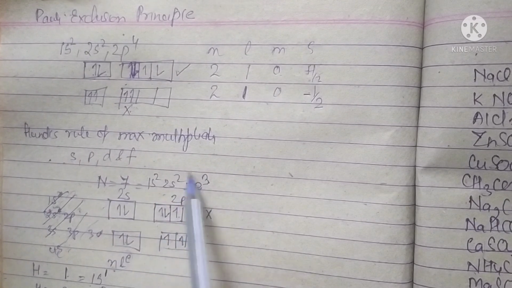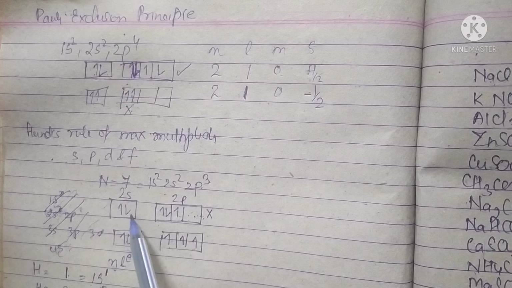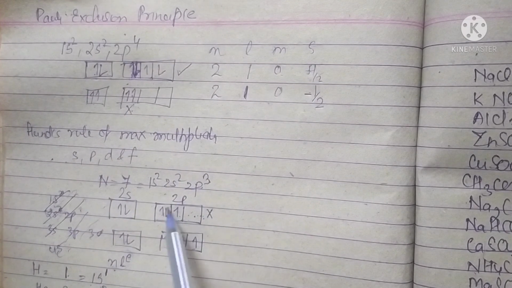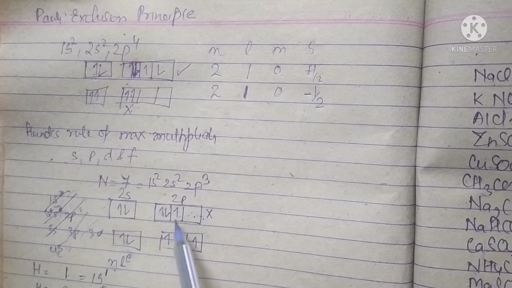If we fill these electrons in different orbitals, 2s2 means one orbital, so it will have 2 electrons and their spin will be opposite. Now in 2p3, the p subshell has 3 orbitals, and according to Hund's rule, pairing of electrons will not occur until each orbital has 1 electron.